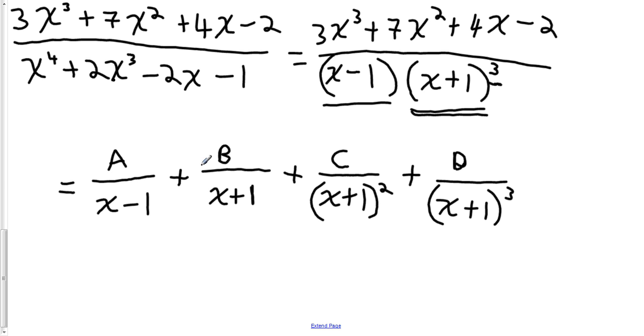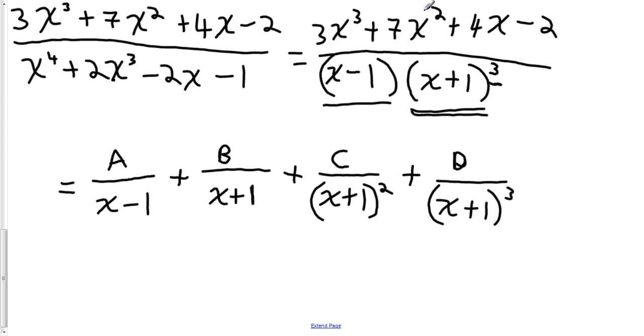And each one of them has a constant in the numerator. We have to solve for that constant, all right? So the equation we have is this original is equal to this thing now. Okay, so just like before, we're going to clear the fractions by multiplying by the LCD.